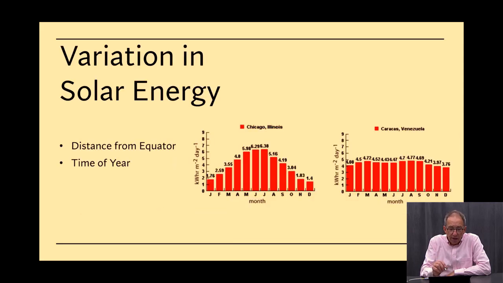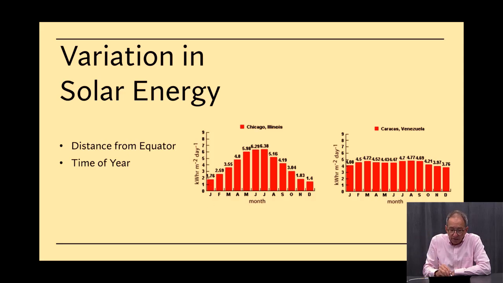So we can now look at variation not just by day or time of year, but we can look at variations in solar energy by distance from the equator and time of year.